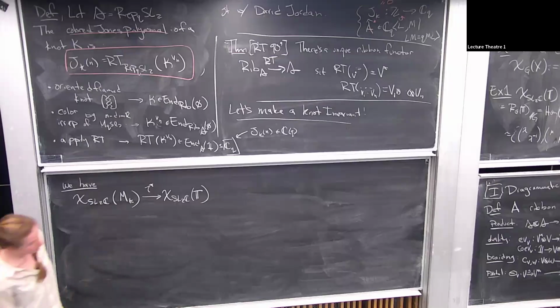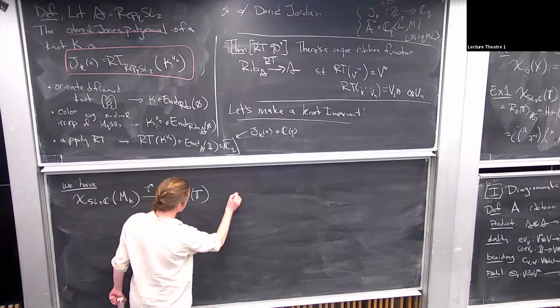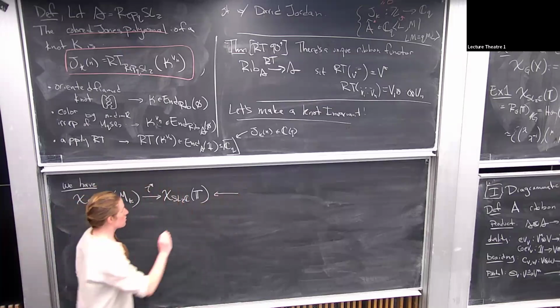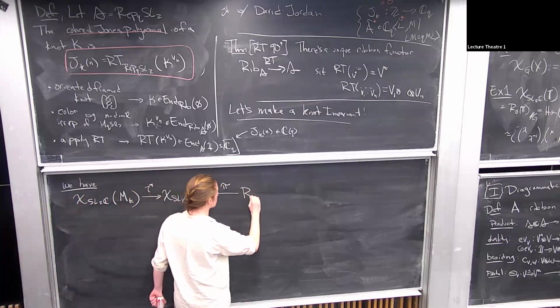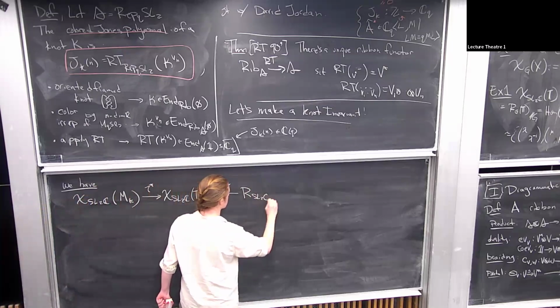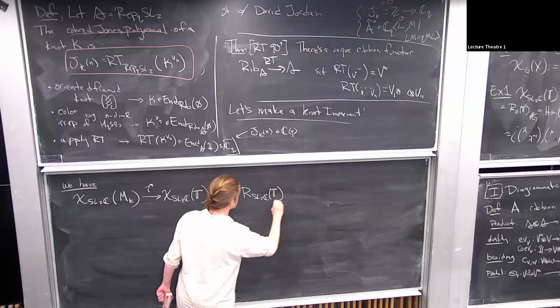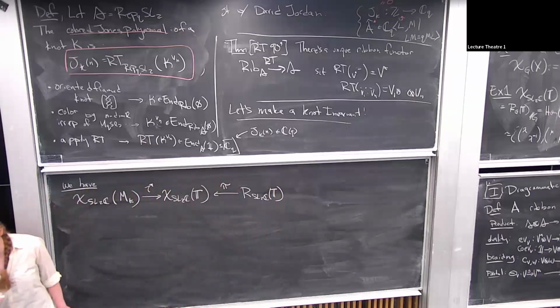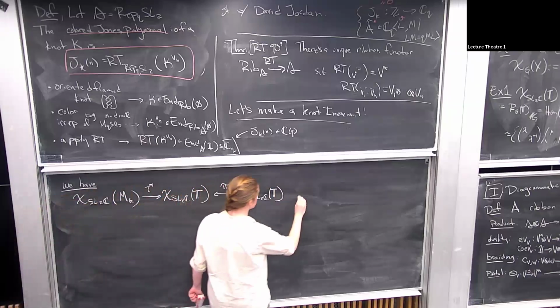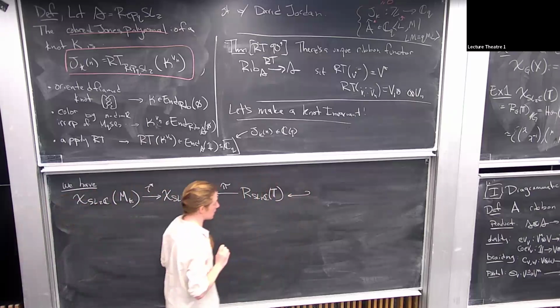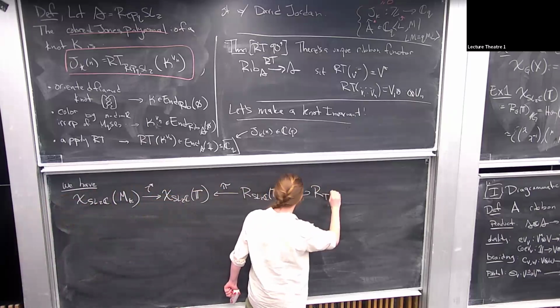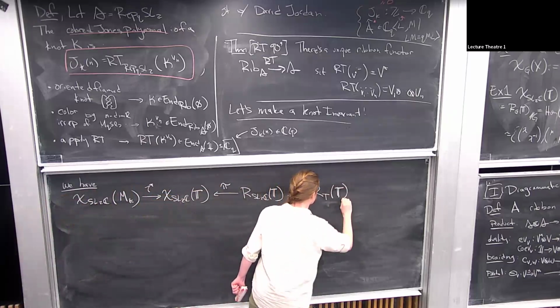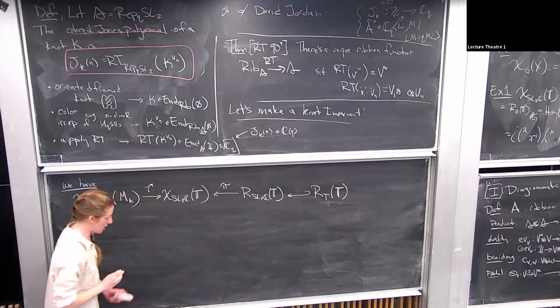That's not good enough yet for my construction. I'm going to take the map I get from the GIT quotient of this representation variety, still of the torus. And here, I'm going to be even pickier. For my construction, I'm going to use the second tool, this T representation variety.